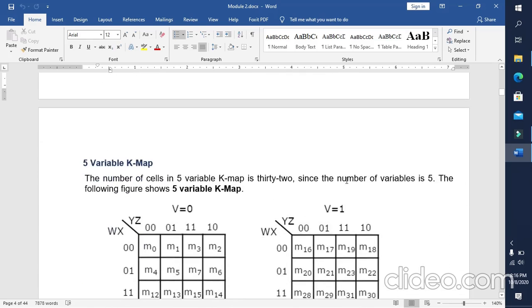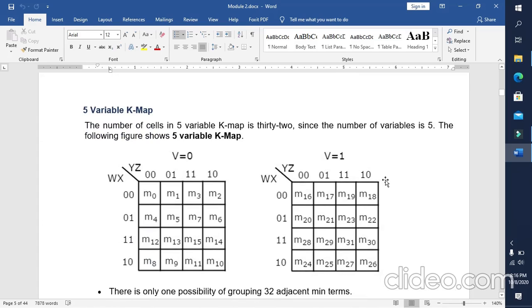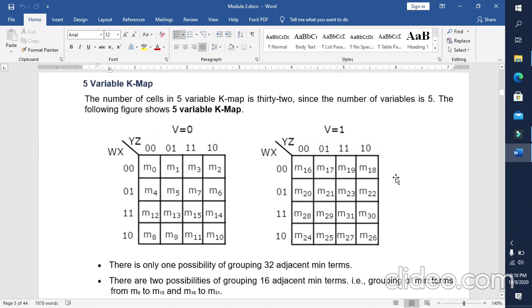Okay. So, in the 5 variable K-map, the number of cells is 32. Since the number of variables is 5, 2 raised to the power of 5 is 32. So this is an example of a 5 variable K-map. You have variable v equal to 0, that is 16 cells, and another one is v equal to 1, that is also 16.